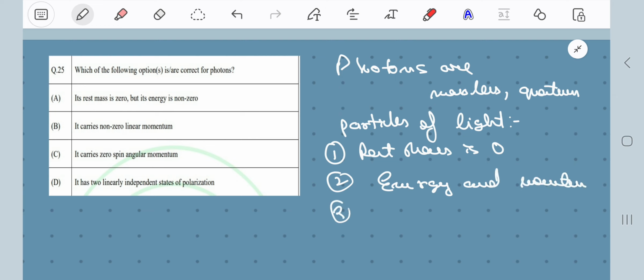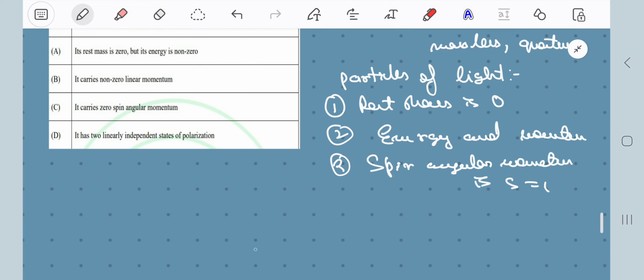Okay, its spin angular momentum is s equal to 1. So it's a spin 1 quantum particle, and it has two physical polarization states, which we will also be observing.